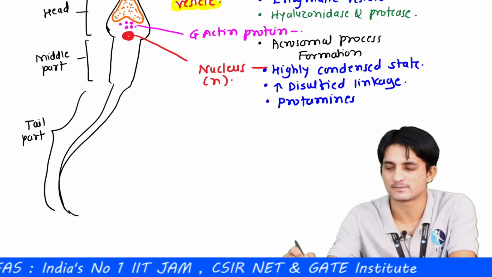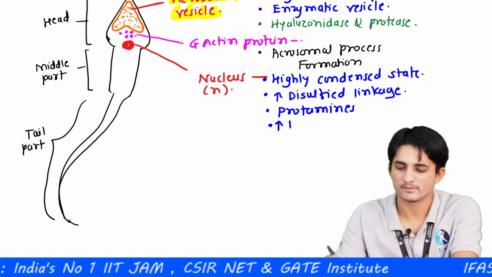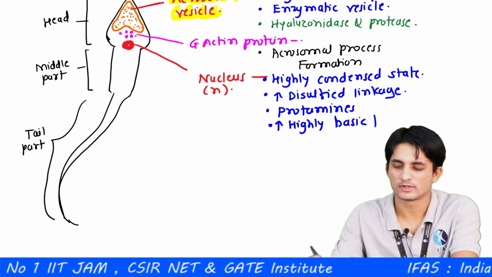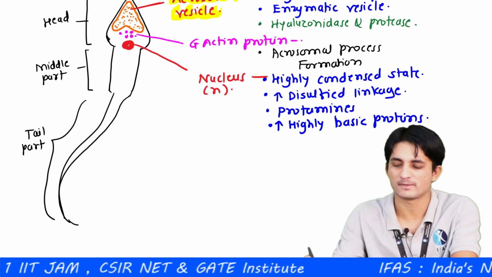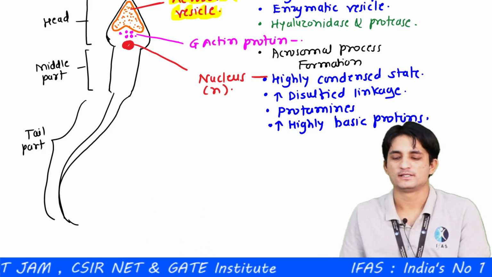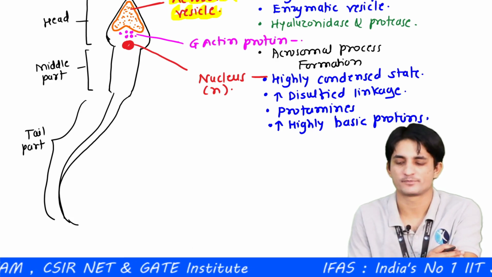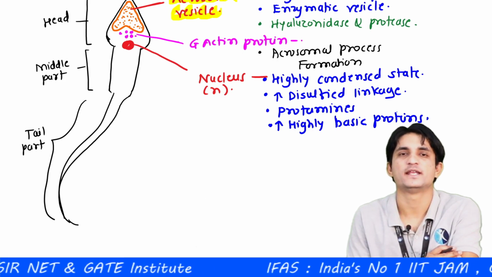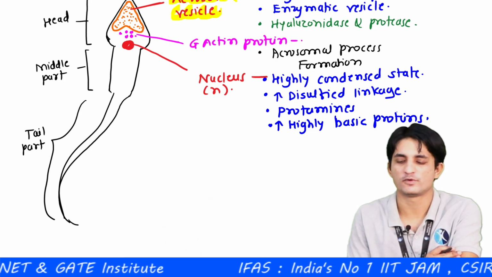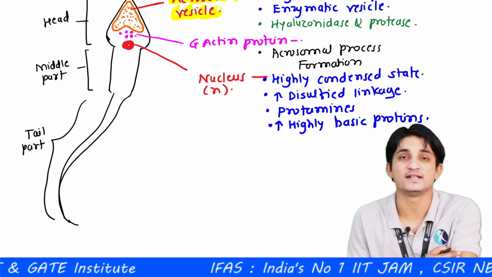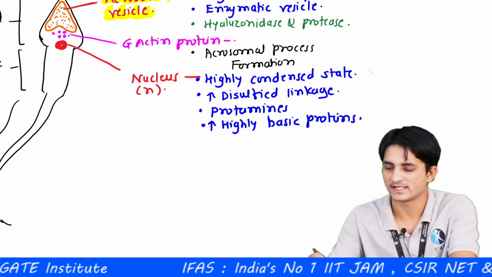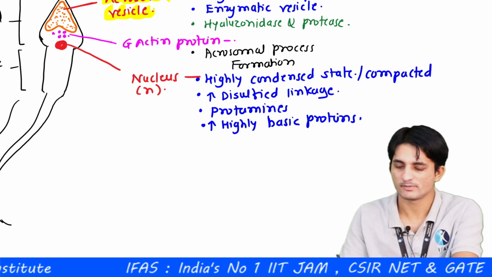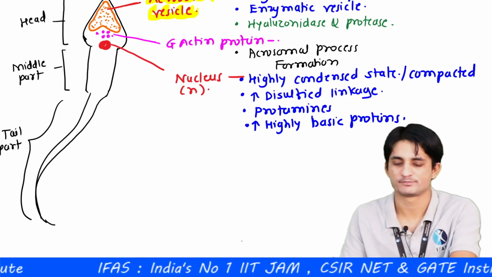Protamines are highly basic proteins and form the high disulfide linkage. They tightly associate with the DNA, because DNA is highly negatively charged and the proteins are highly positively charged, so positive and negative interact. Therefore the sperm nucleus is in the highly condensed, compacted state because of the protamines.